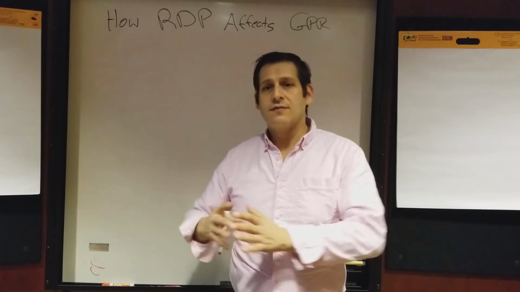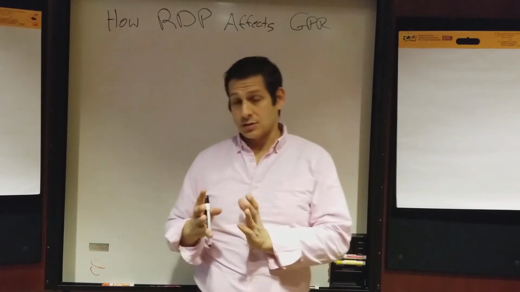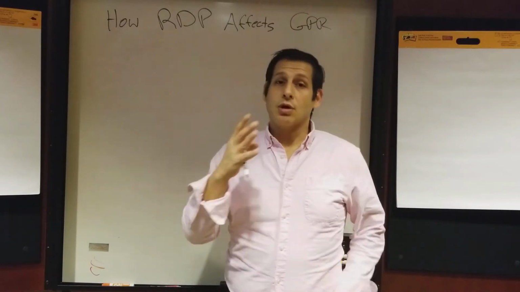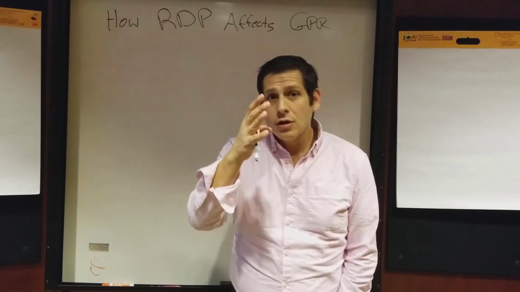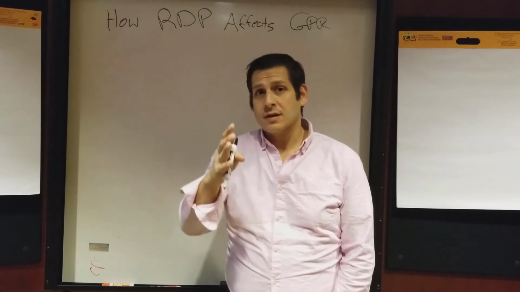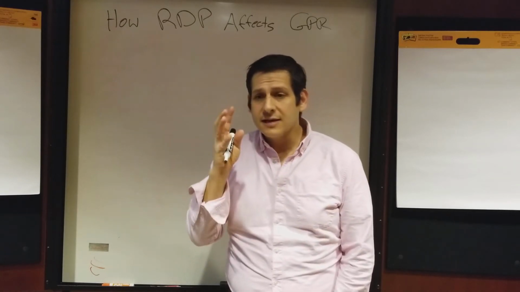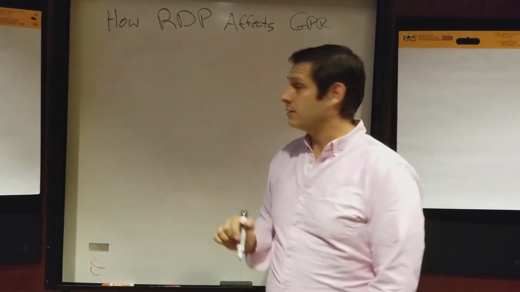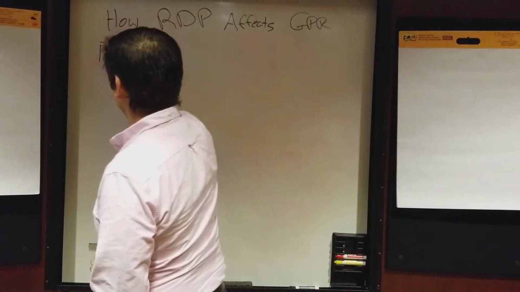Conductivity is the other major electrical dielectric property that influences your GPR, but RDP influences several different things of your GPR. And here I'm going to give you three things that it influences.